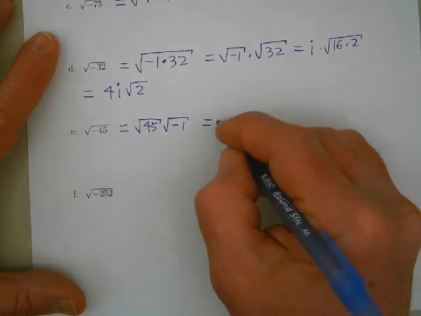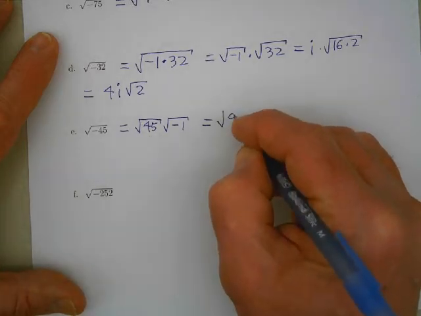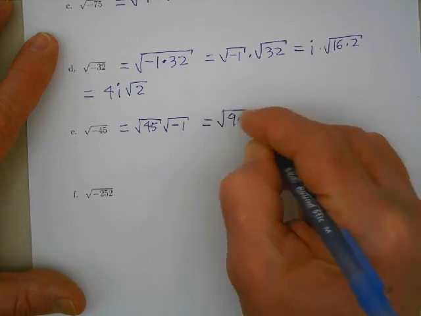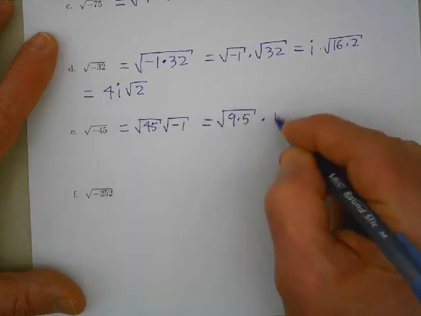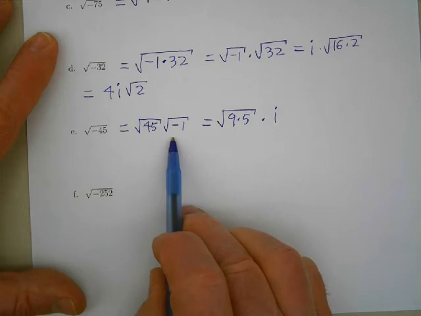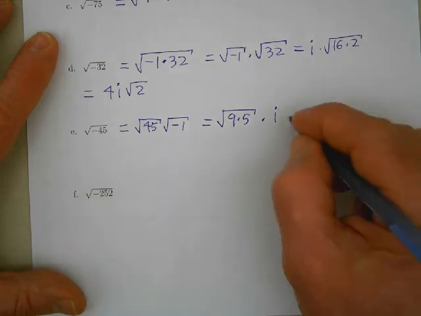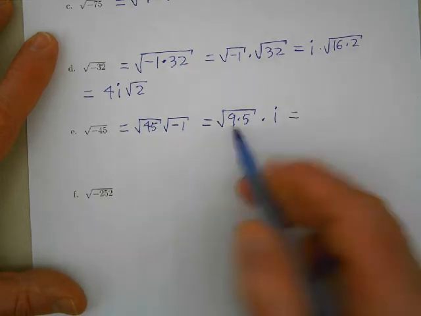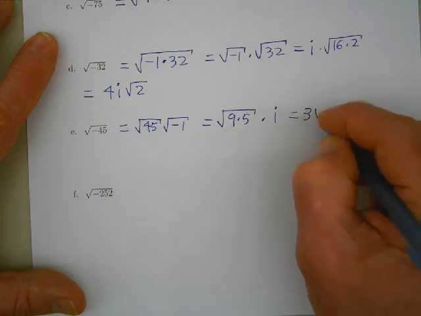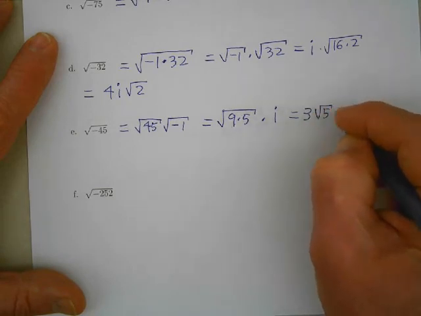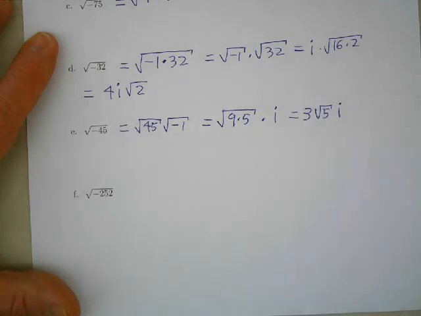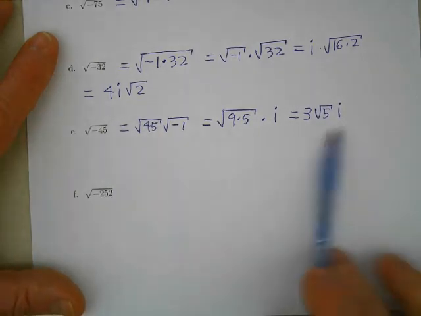So you can think of this as the square root of 9 times 5 times i, because I'm replacing the square root of negative 1 with i. And the square root of 9 is 3, so we get 3 times the square root of 5 times i. So this is a perfectly fine way to write it.